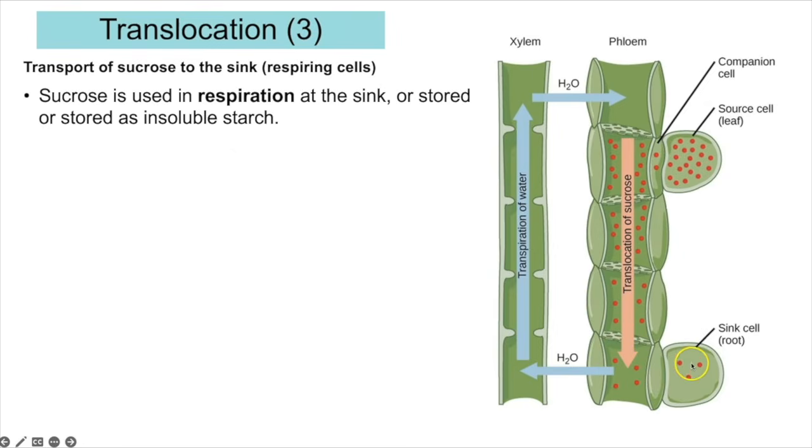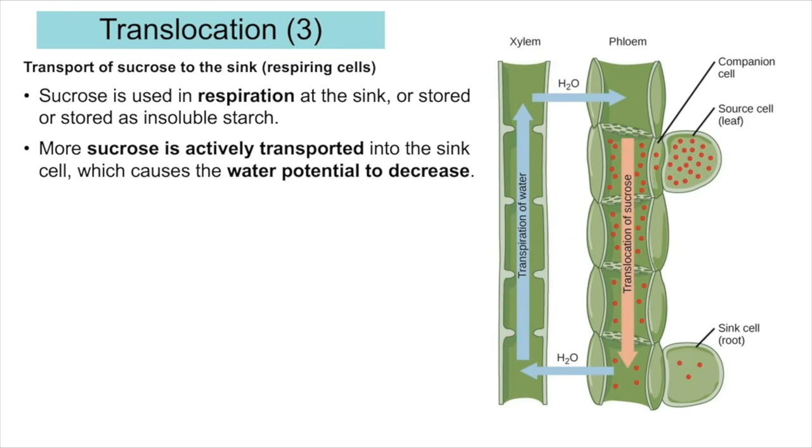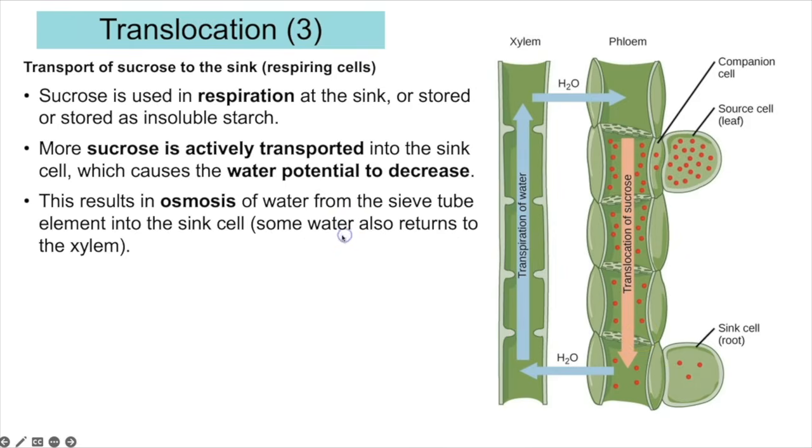At those sink cells, sucrose is going to be converted into glucose and used in respiration, or it might be stored as insoluble starch. More sucrose is actively transported into the sink cell, which causes the water potential to decrease. This results in osmosis of water from those sieve tube elements to the sink cell.